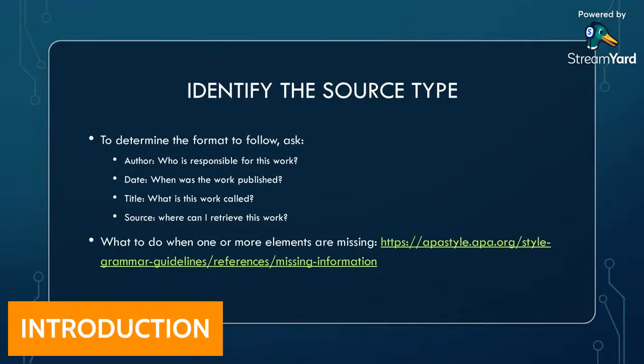We should also identify the source type, what the work is, to determine the format to follow. You can easily read what to do when one or more elements are missing.